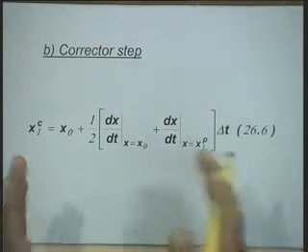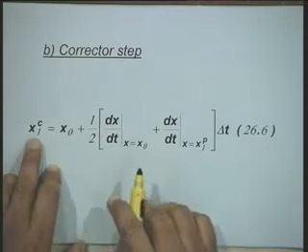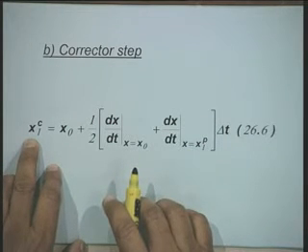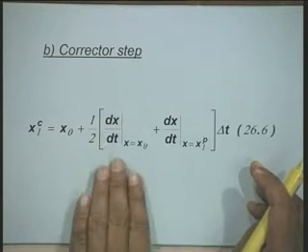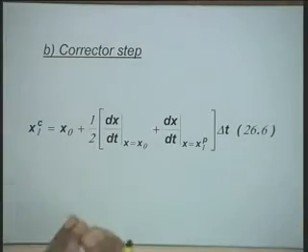We take the average of these two slopes and obtain the value of x1, and this is going to be naturally more accurate as compared to the one which we obtained by considering only this term, because now we are considering the average of the two slopes.